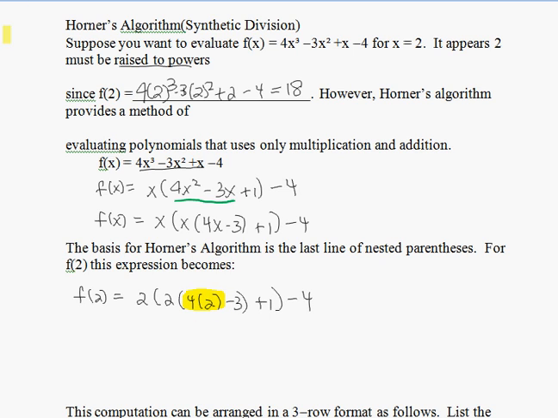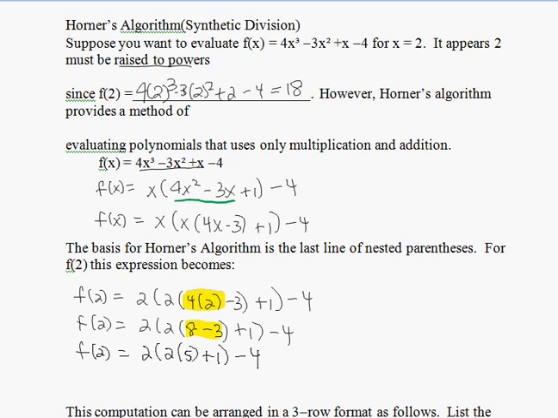So using please excuse my dear Aunt Sally, the first thing I'm going to do is multiply these two. So I get f of 2 is equal to 2 times 8 minus 3 plus 1 minus 4. Again, please excuse my dear Aunt Sally says handle those two, so 8 minus 3, so we get f of 2 is equal to 2 times 5 plus 1 minus 4.